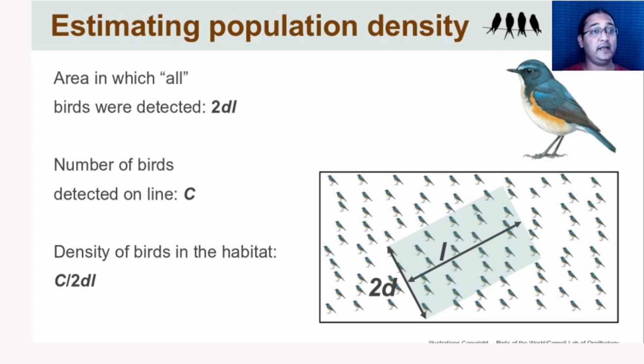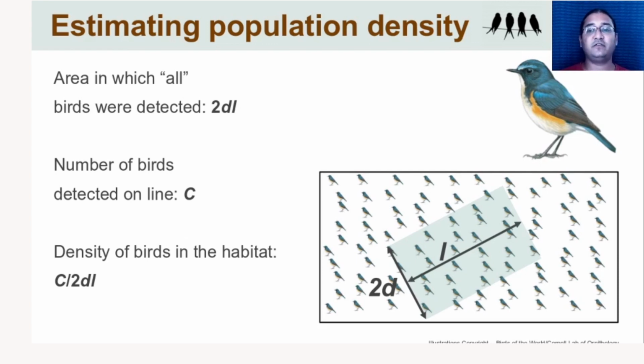The area in which all of these birds are detected, I've put all in inverted commas because actually not all of the birds are detected. Statistically, we have found that within D meters from the line, the number of birds missed within D is equal to the number of birds seen outside of D. And therefore, in effect, the area in which all the birds were detected is 2DL, the area of this rectangle, where L is the length of the line transect and D is the effective strip width.